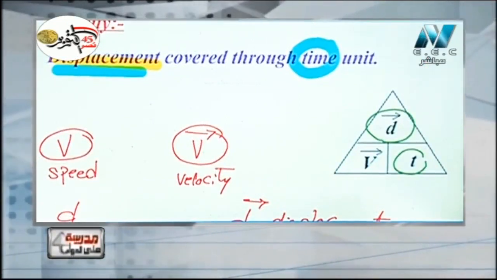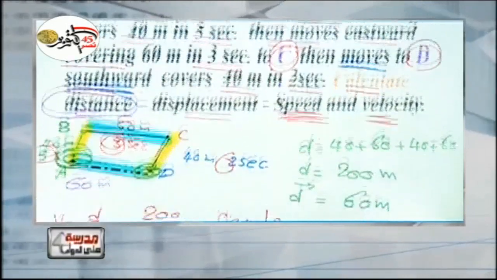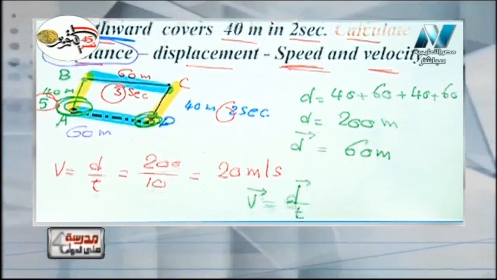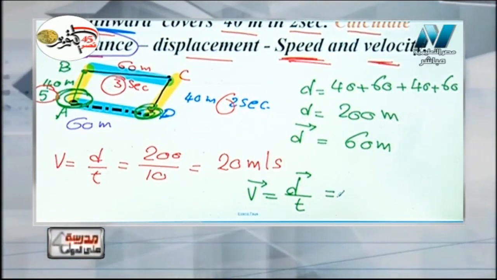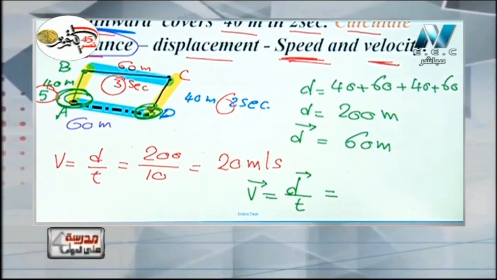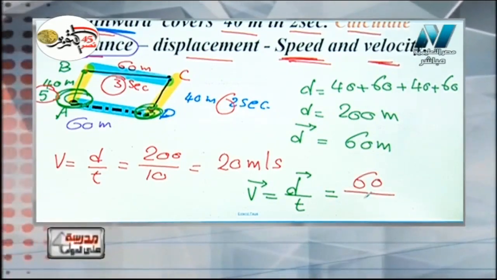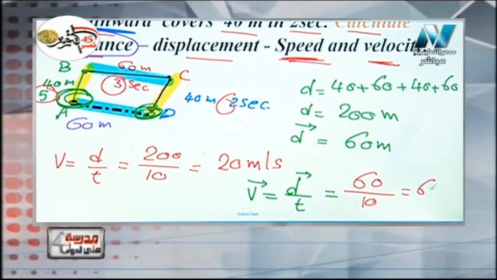Time doesn't change; nobody can choose the time as they like. So displacement is 60 meters over the same time, 10. So it equals 6 meters per second.